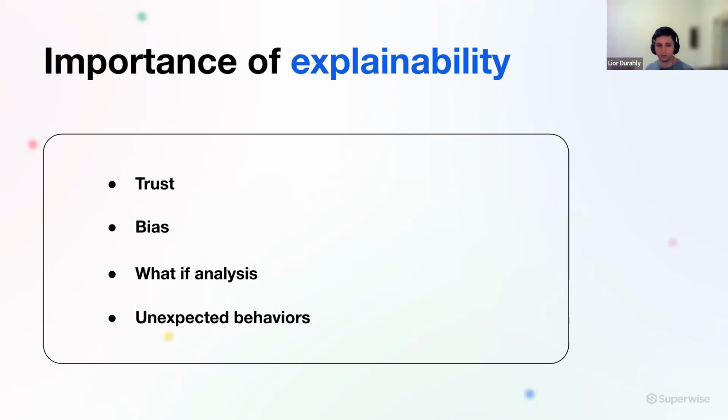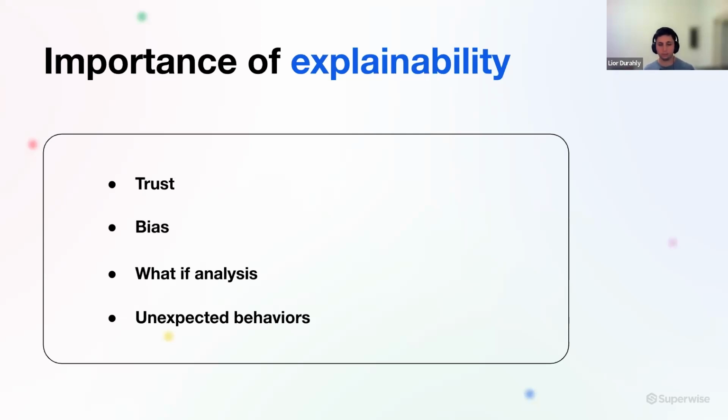For example, let's say we have a model that can take a loan request and decide whether to approve or decline it, and it can tell with very good accuracy whether they are going to return the loan or not.